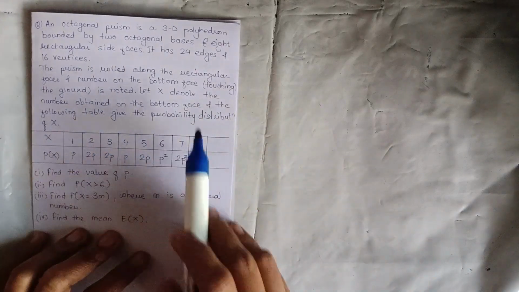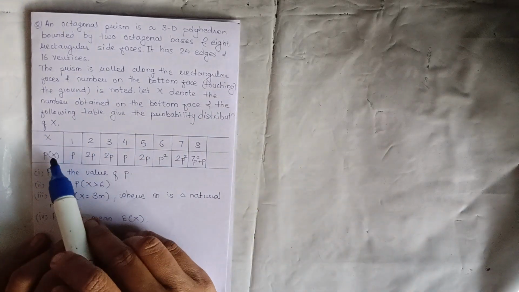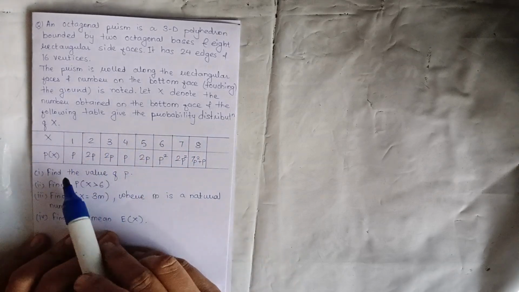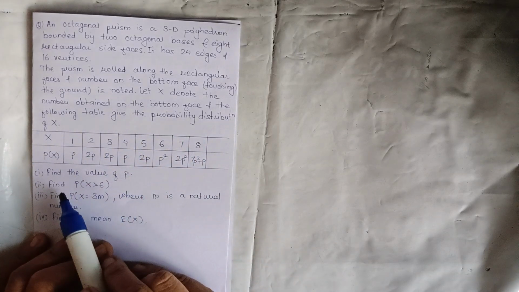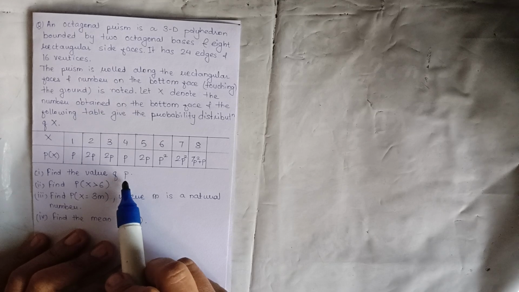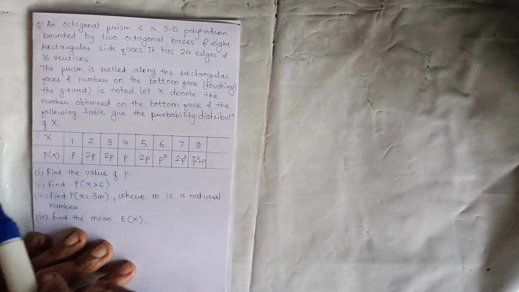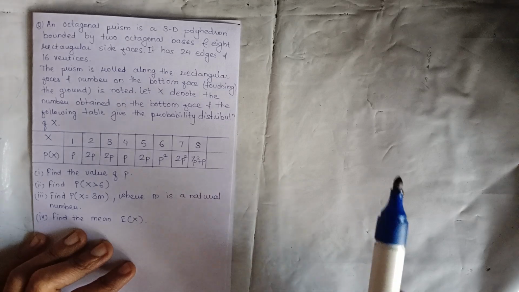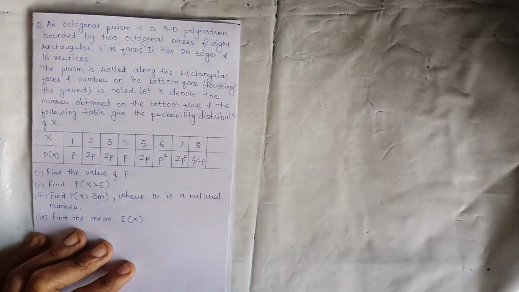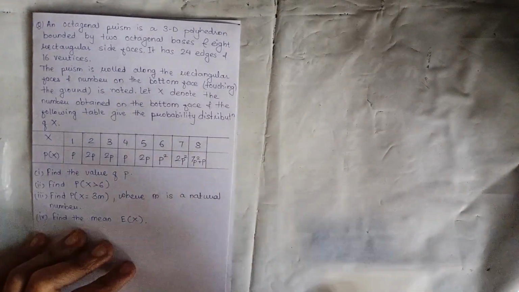Now here the probability distribution table is given. You have to find the value of P. To find the value of P, since this is a probability distribution table, you have to add all the probabilities. The probabilities add up to 1, right?